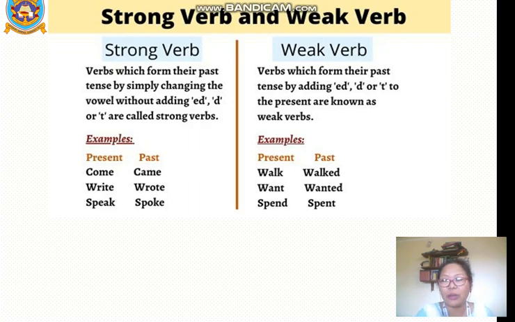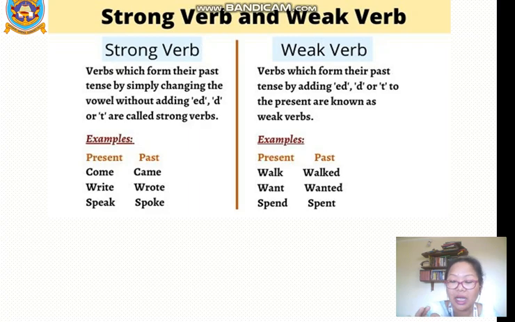Some examples from your textbook. I can read it from here. Some weak verbs: bend, bent. Bleed, bled. Catch, caught. Die, died.